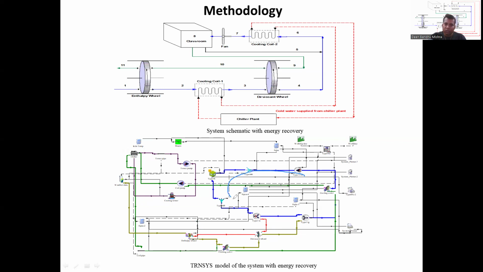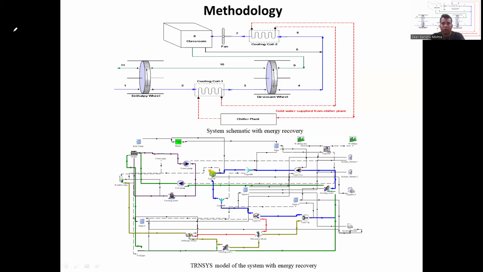This is the air cycle, and this is the chiller cycle, where the chilled water passes from cooling coil 1, then again passes to cooling coil 2, and is sent back to the chiller. And this is the cooling water cycle, which is shown with the cooling tower.